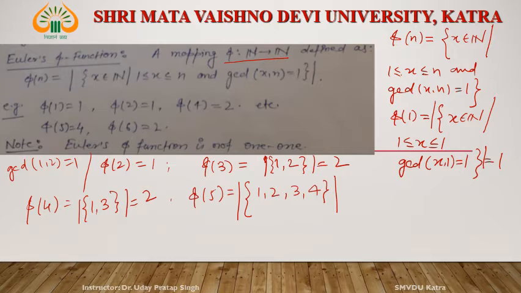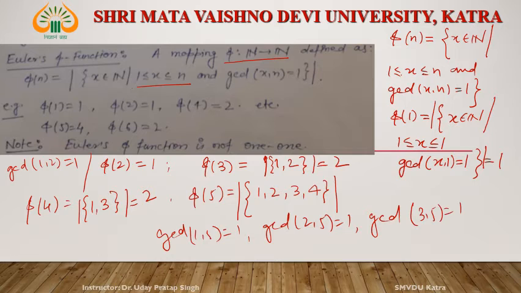These numbers x satisfy 1 is less than or equal to x, x is less than or equal to 5, and GCD of 1 and 5 is 1, GCD of 2 and 5 is 1, GCD of 3 and 5 is 1, GCD of 4 and 5 is 1. Right? This function is Euler's phi function. We use this function frequently in group theory. Right?